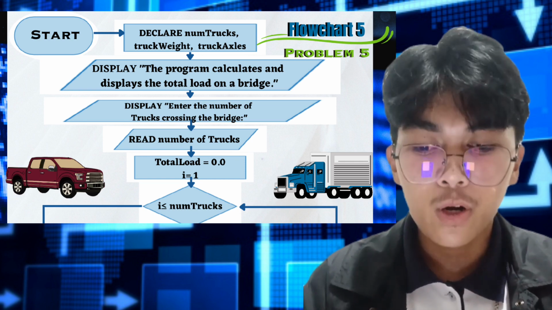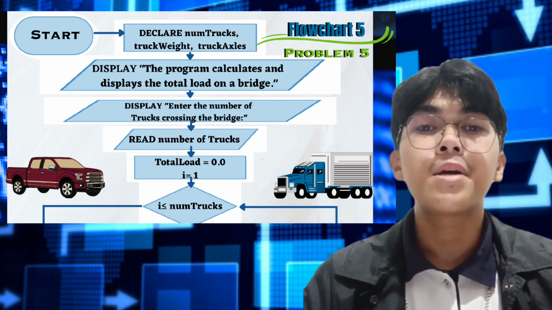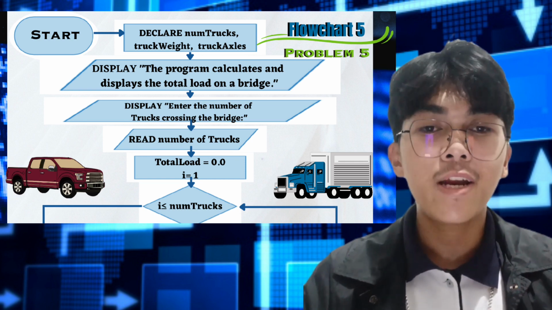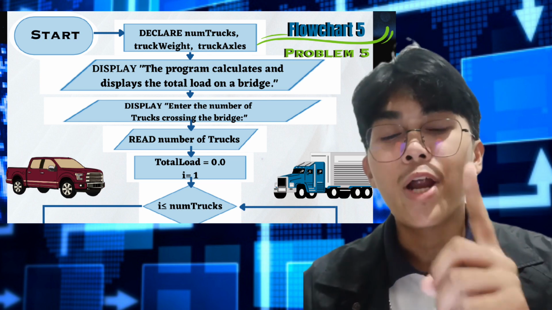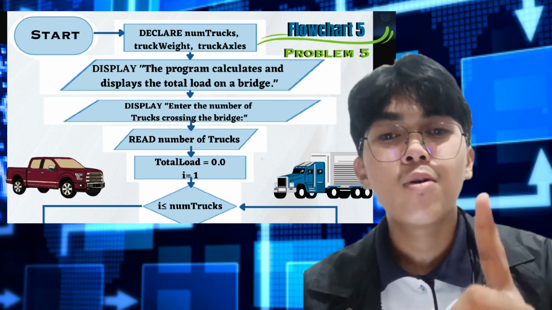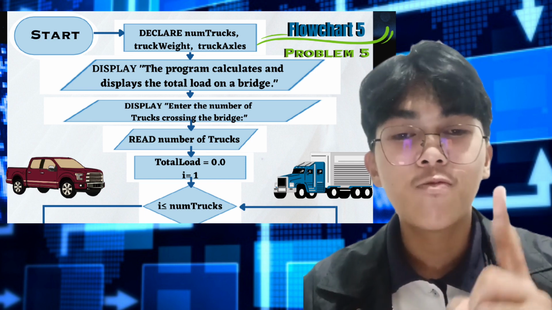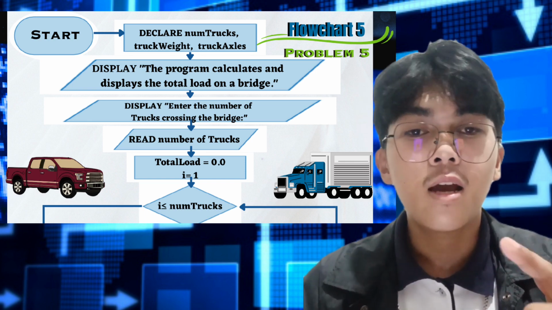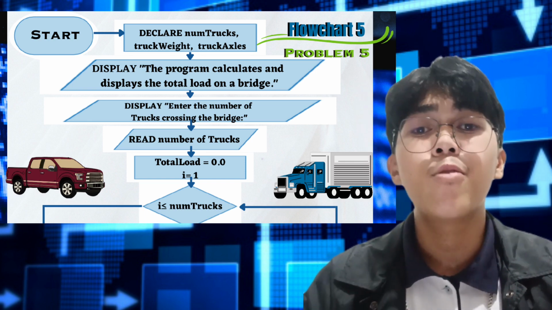Another declaration that we are going to do is the incremental variable, which is equal to 1. Why? Because 1 is the smallest value that we can put in the variable, which is the number of trucks.